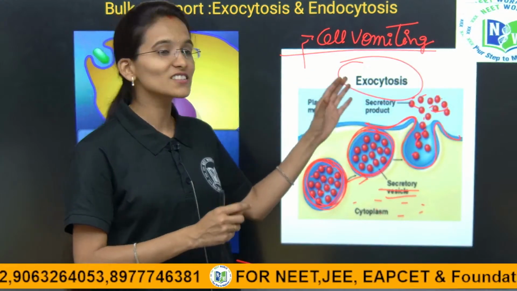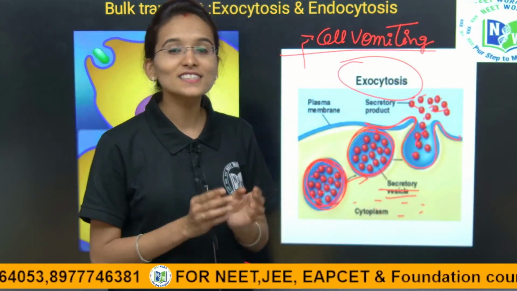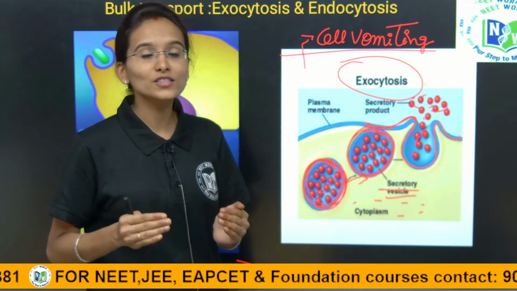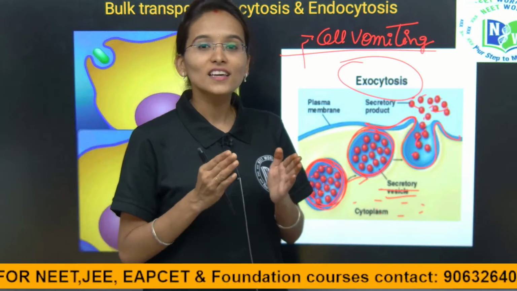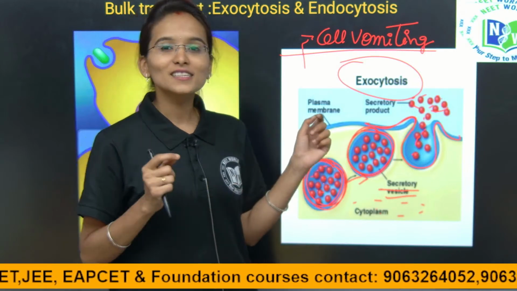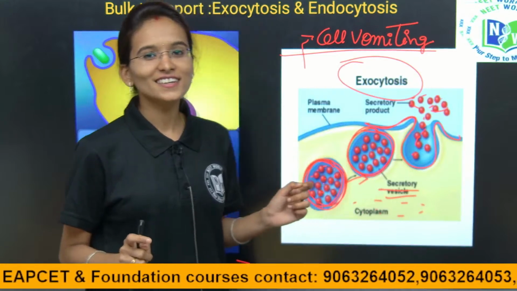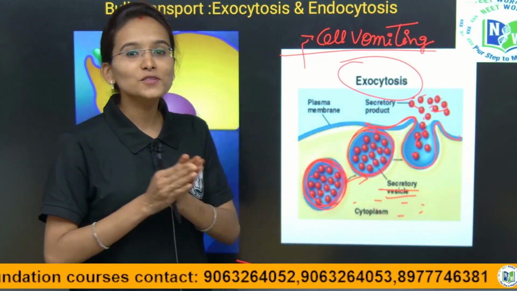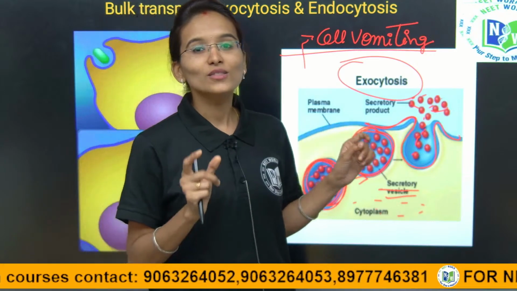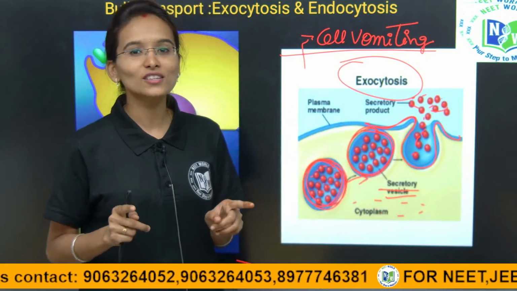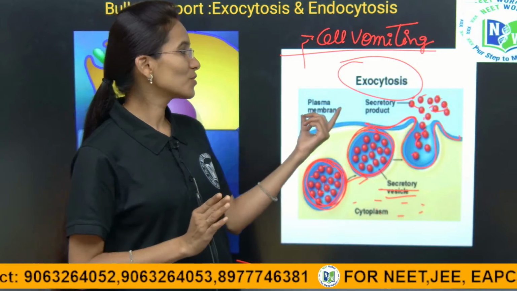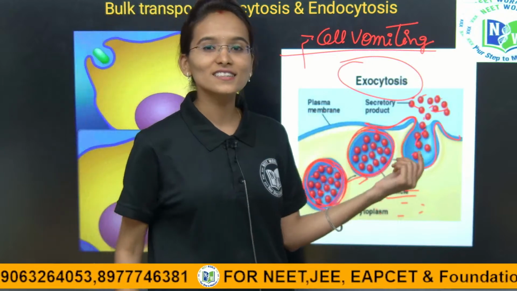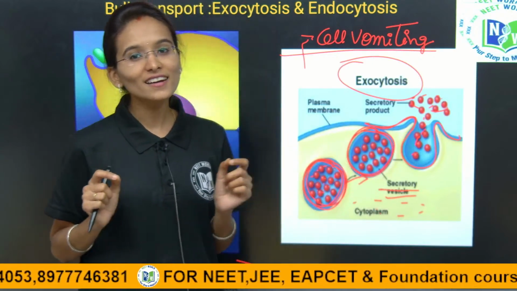We have discussed in detail osmosis, diffusion, active transport and passive transport, including simple diffusion and facilitated diffusion. In osmosis, we studied the types of solutions with respect to the cell: isotonic, hypertonic and hypotonic, and also exosmosis and endosmosis.